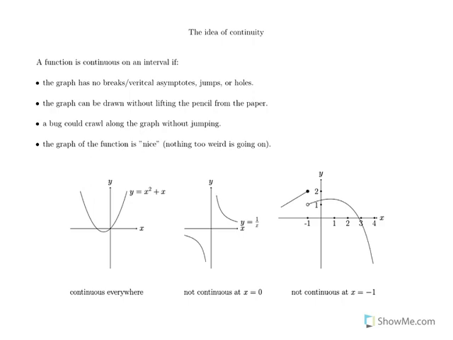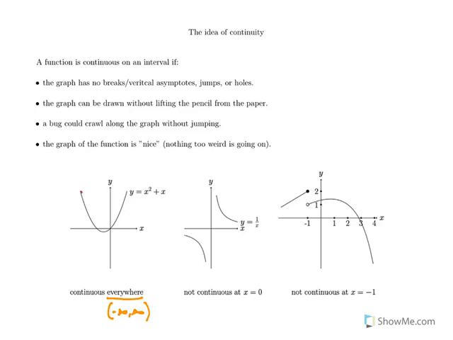So let's look at some examples. This first one, x squared plus x, is a quadratic function, and this is continuous everywhere. And by everywhere, we mean all real numbers, negative infinity to infinity. We are talking about x values here. So this function is continuous because there's nothing kind of weird going on.